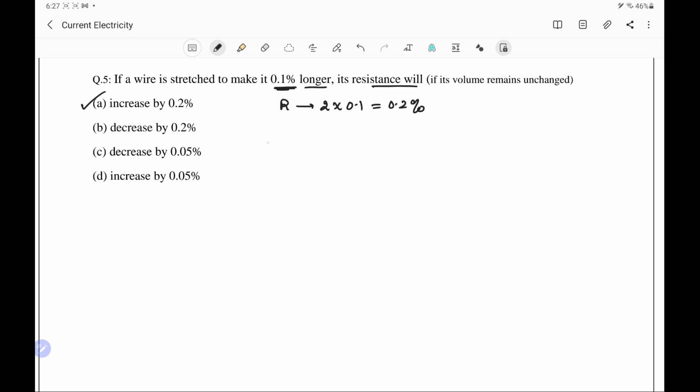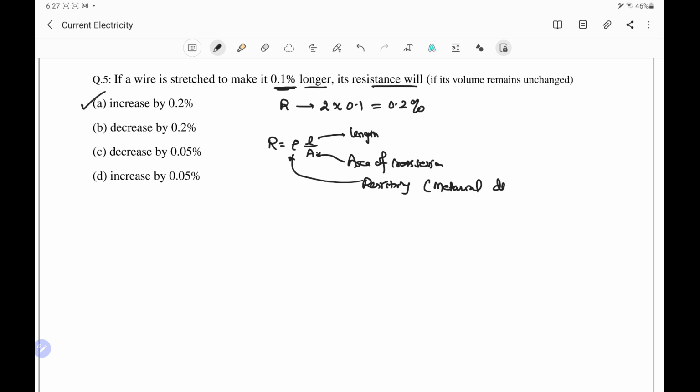For a wire, resistance is written as R equal to rho into L by A, where L is the length of the wire, A is the area of cross section, and rho is the resistivity. Resistivity is material dependent. Because the wire is stretched, the material is the same, that means rho is the same.